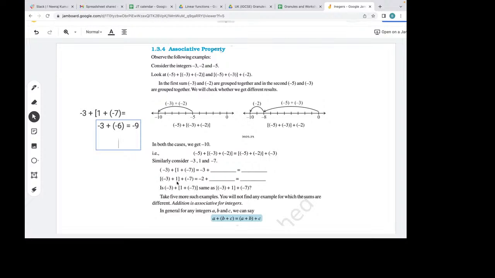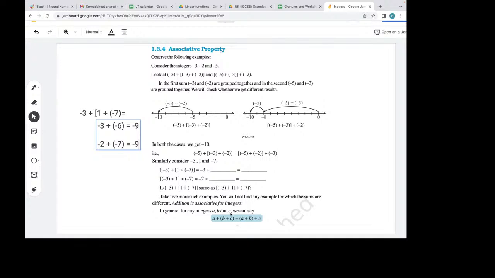So from this I will get minus 3 plus 1 is equal to minus 2, and I have minus 7 as well. It again gives us minus 9. So both of these calculations have given us minus 9 as the answer. So that didn't make any difference. So we have figured out one more such example. So it proves that addition is associative for integers.